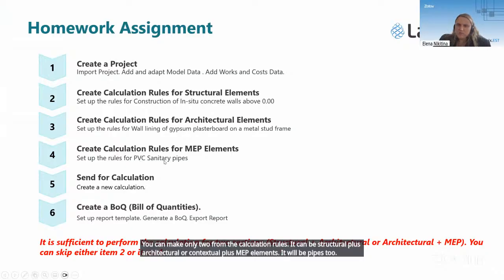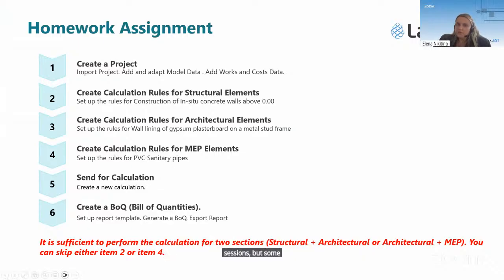It's almost the same as what we do in our sessions, with some difference in the filter and in the works, but they are very close. You can choose which sections are closer for you, and you will work with the same models, and you will have the new information.